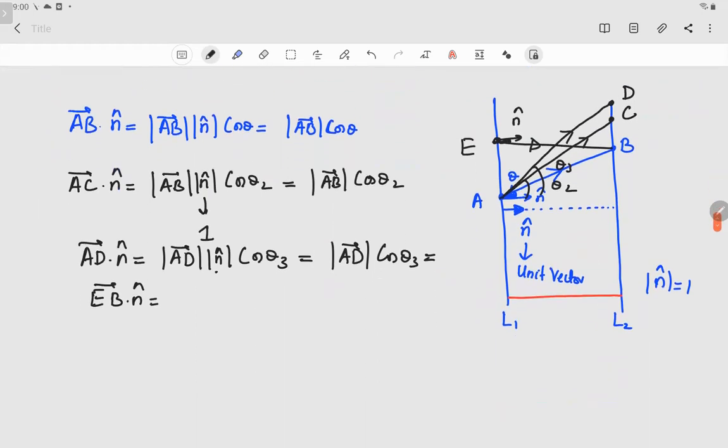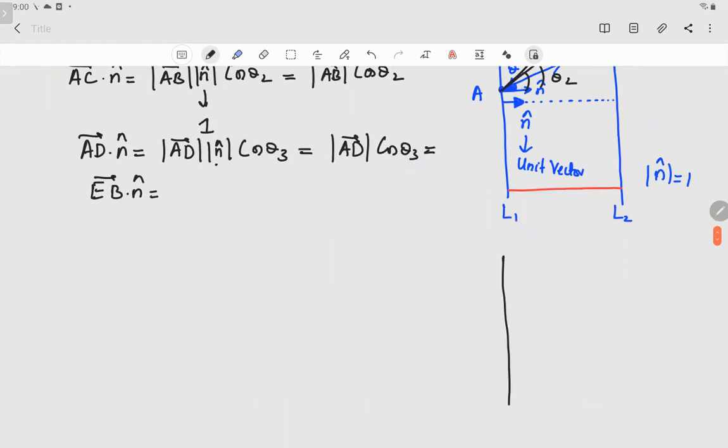So if you choose any random point on line L1, and any random point on line L2, as long as this unit vector is perpendicular to line L1 and perpendicular to line L2, the dot product of PQ with this unit vector will always result in the distance between the two lines.